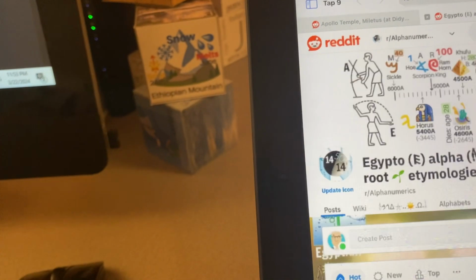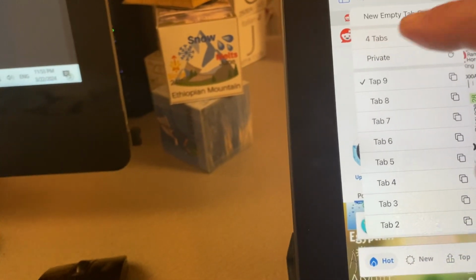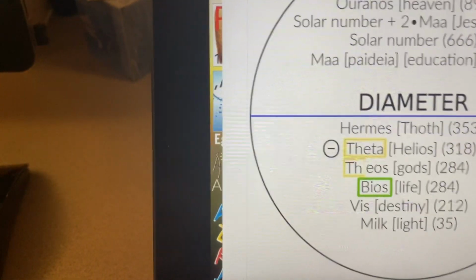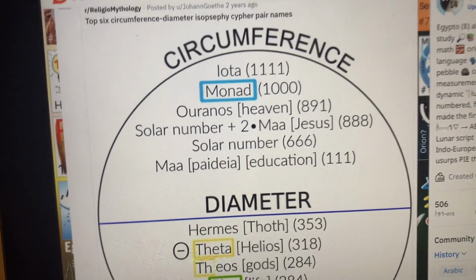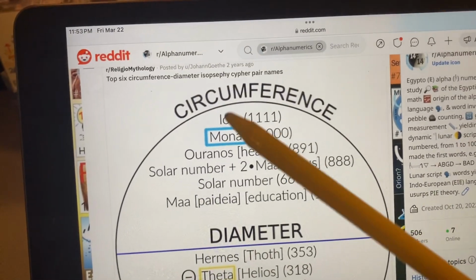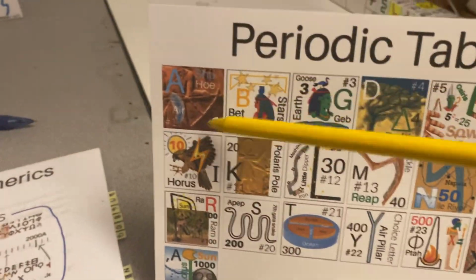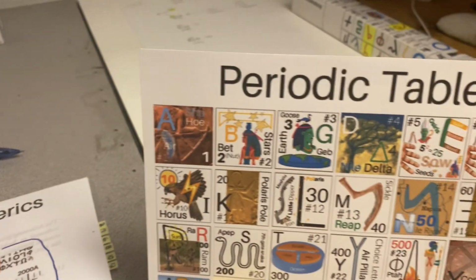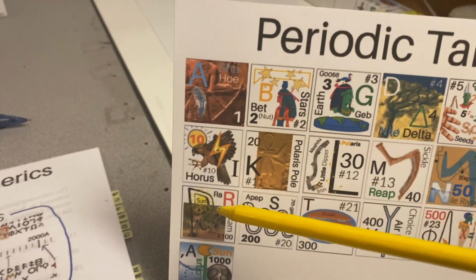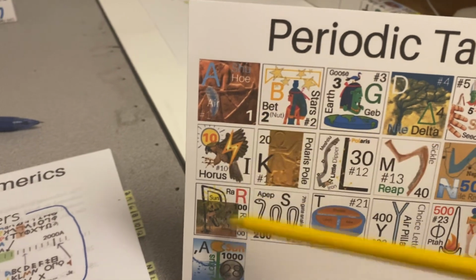And these circumference diameters are some of the big core ciphers in Egypto alphanumerics, some of them shown here. For example, one of the biggest ones is iota. That means if you sum the first column of the periodic table of letters, 1 plus 10 plus 100 plus 1,000 gives you 1111.